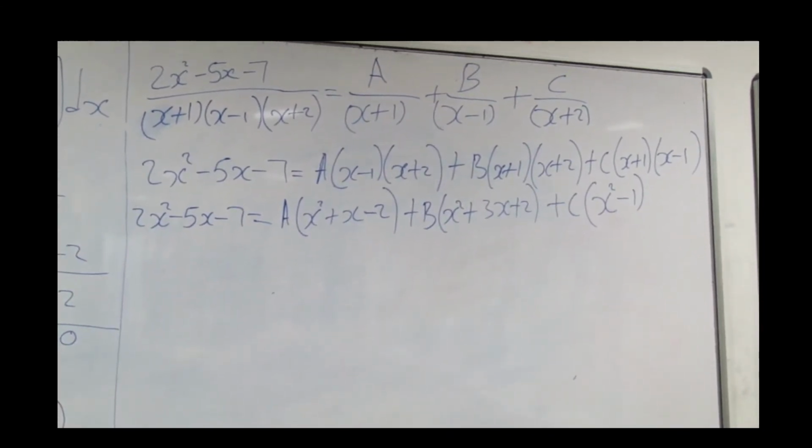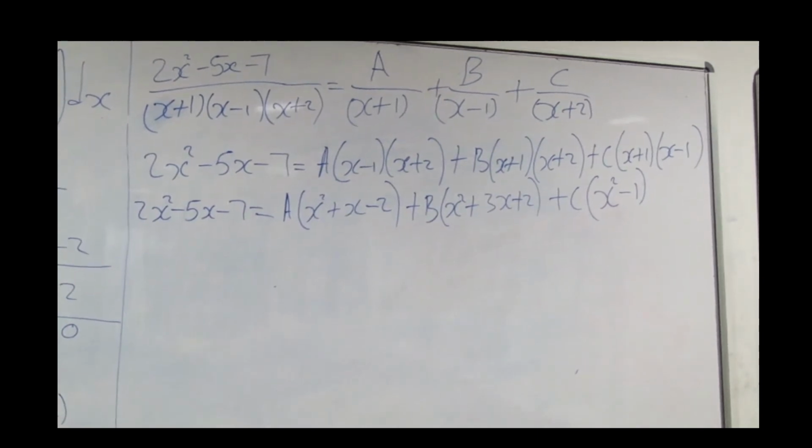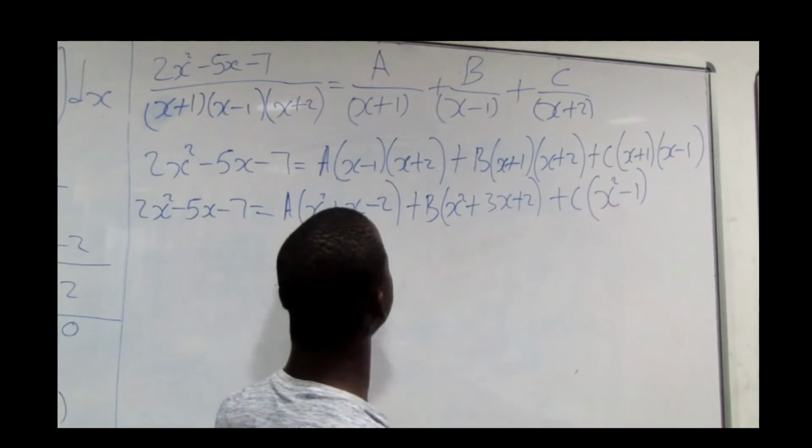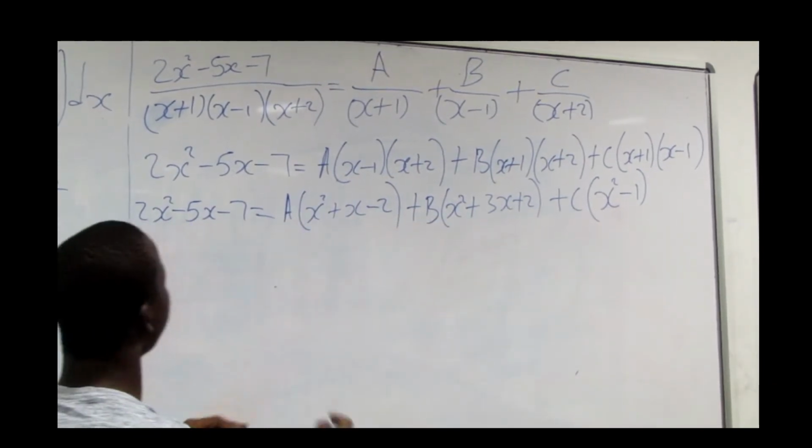So when you arrive at this step, you multiply the a's, b's, and c's throughout the bracket.